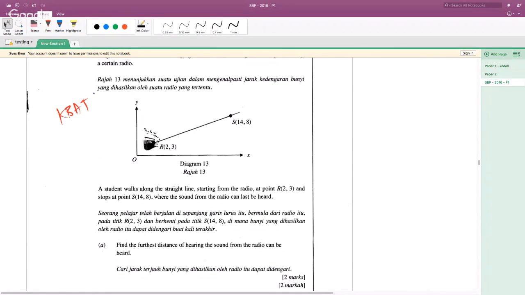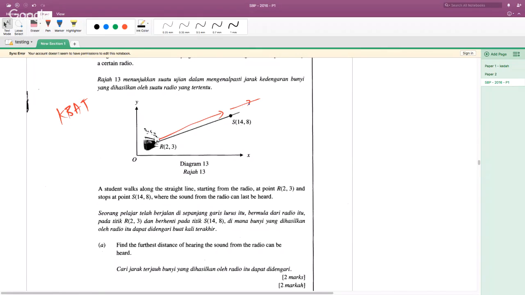The student walks along a straight line starting from the radio at a point 2, 3 and stops at 14, 8, where the sound from the radio can last be heard. So this will be the furthest distance. If the student goes beyond this point, the student cannot hear the sound of the radio.